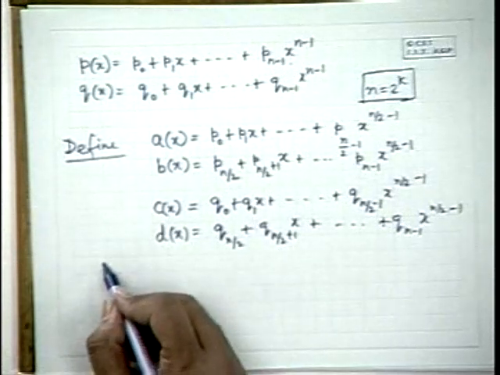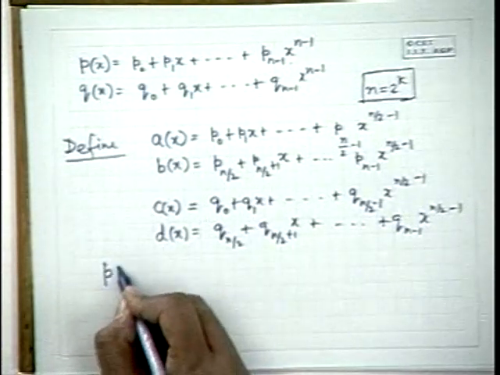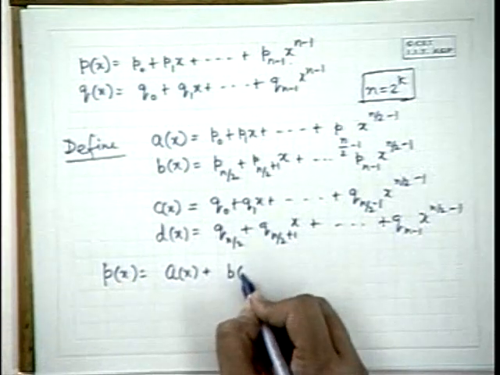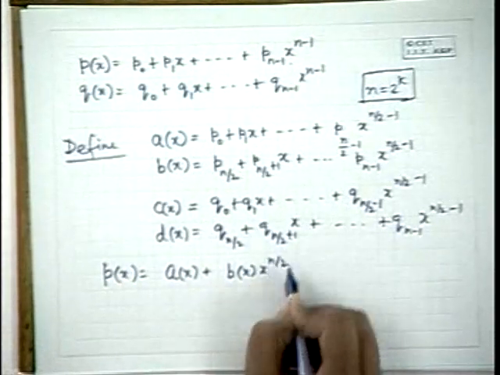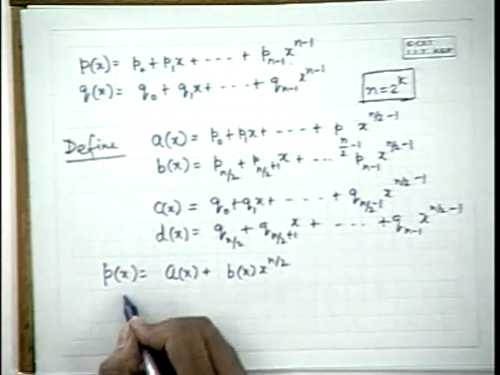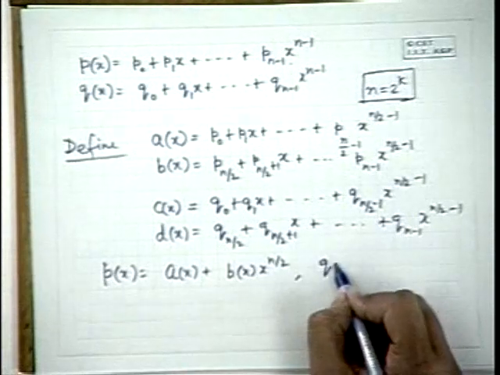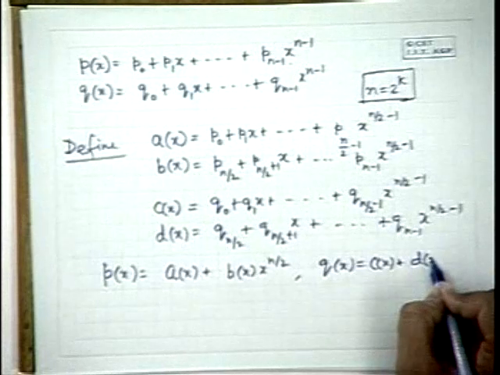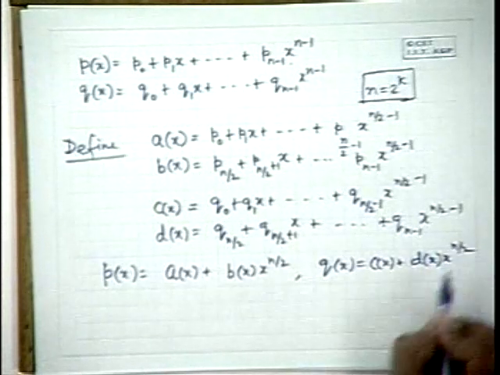So as I said, with these notations, px is basically ax plus bx times x to the power n over 2. You can verify it. It's exactly this. Similarly, qx is cx plus dx times x to the power n over 2.